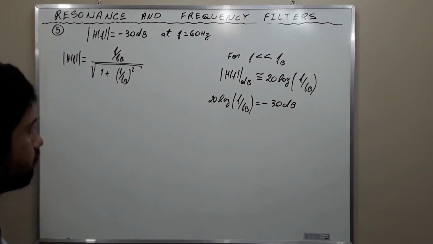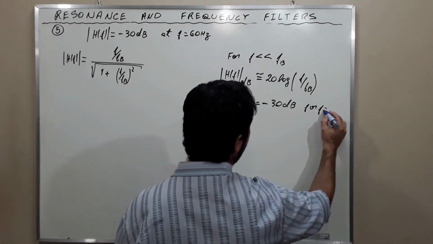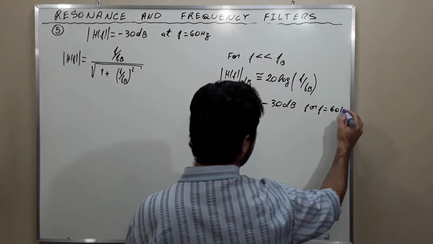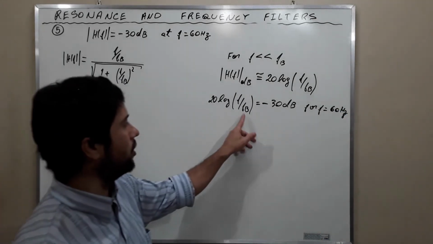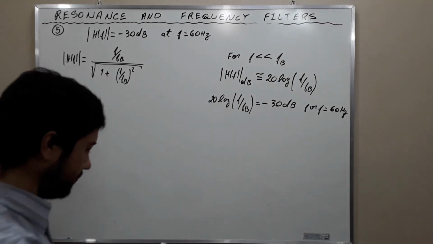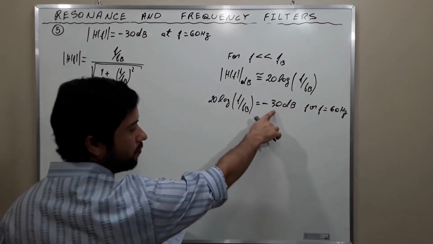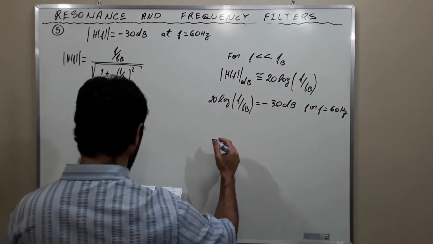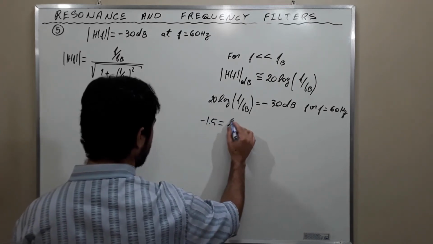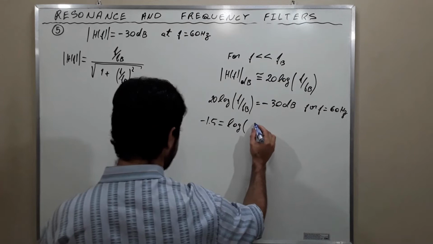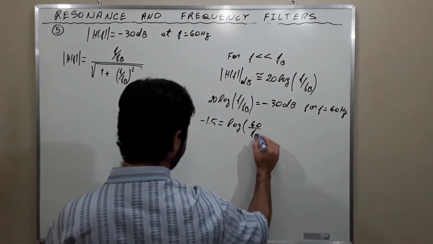And for the frequency of 60 hertz, we are going to use here 60 hertz. And if we pass dividing 20 dividing negative 30, we know that negative 1.5 is equal to the logarithm of 60 divided by fb.